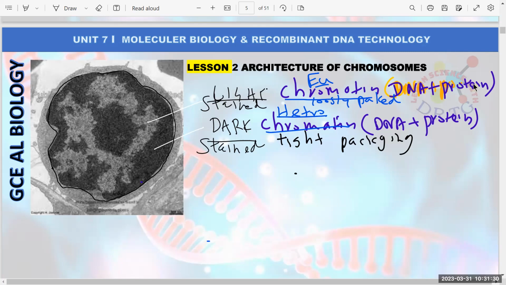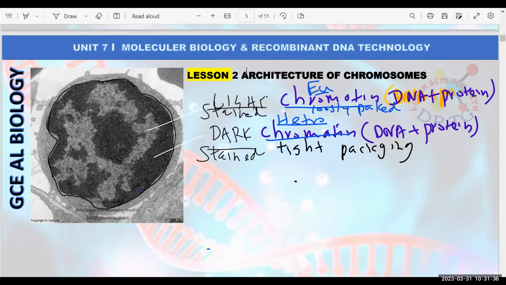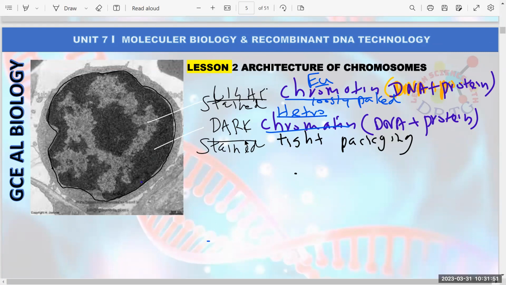As a result, a group of scientists led by Morgan came up with the word chromosomes to explain the organization of DNA in the nucleus.